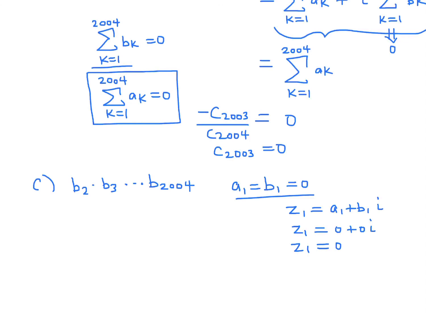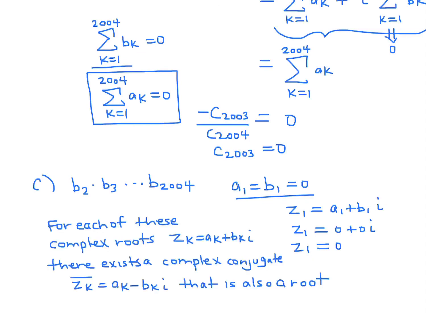Now, for each of these complex roots, there is a complex conjugate that is also a root. So I wrote it out. For each of these complex roots, zk is equal to ak plus bki, there exists a complex conjugate, ak minus bki. That is also a root.